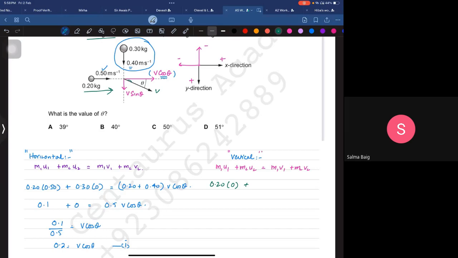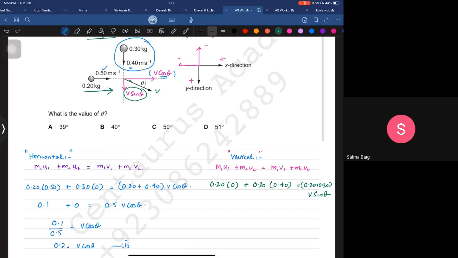It doesn't have any vertical speed or component. Then the next one will be 0.30, and the speed was 0.40 downwards. I'm taking positive, equals, after that, they both combine. So 0.20 plus 0.30. And in the vertical direction, they have this speed, so I'm going to use V sine theta. All right, kids?